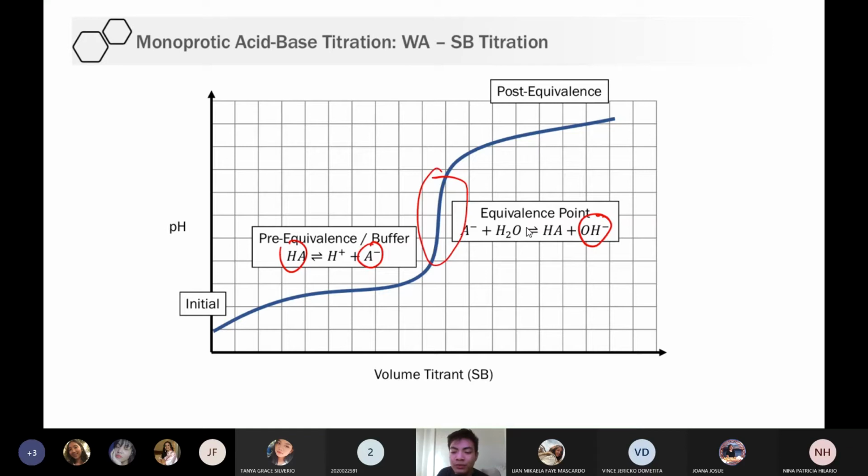Is it 7? Is it higher than 7? Or is it lower than 7? Any idea? Kasi tatlo ng options nyo. 7 pa rin, greater than 7, or less than 7. Hulaan nyo.